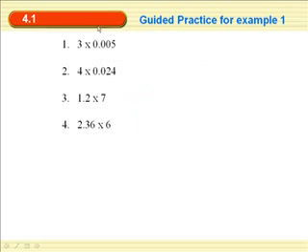So the first one, number 1, you just take 3 times 5, which is 15. And then there are 1, 2, 3 decimal places over here. So you put 1, 2, 3 in the answer. That's it. 0.015. So here we just pretend like that's just 24.